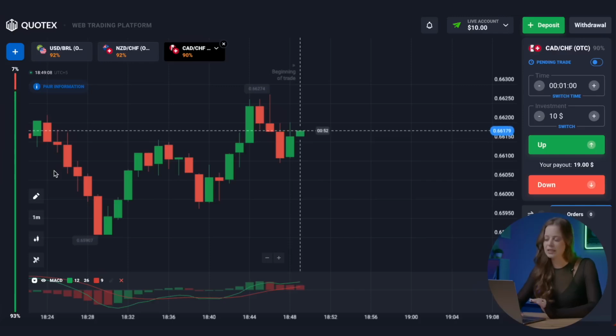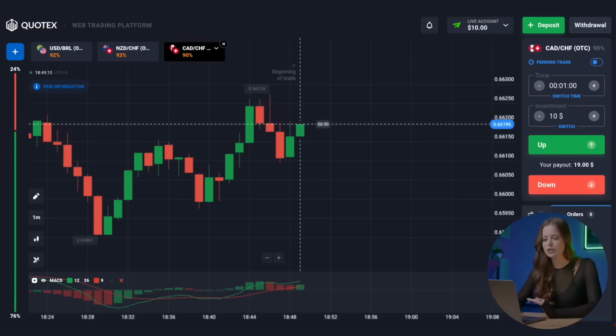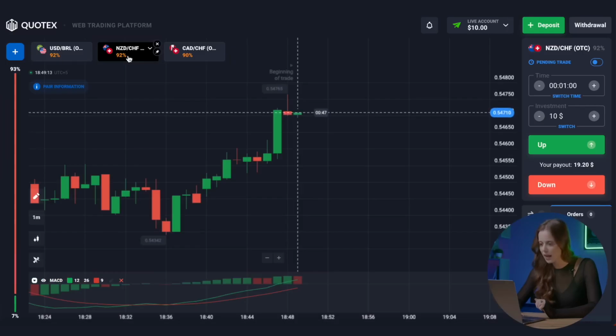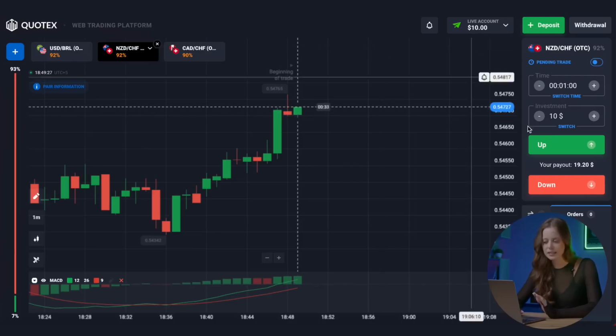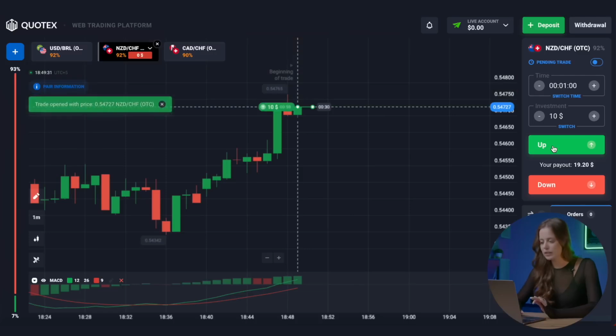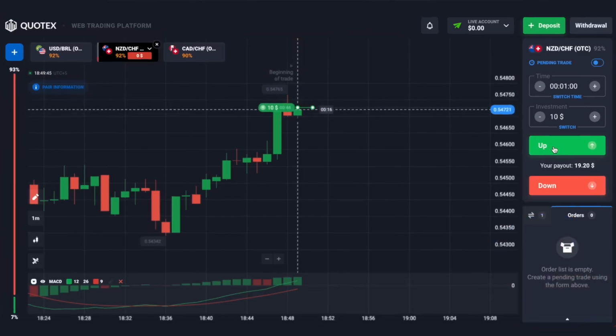This is an initial amount and it will suit absolutely everyone, especially beginners. As you can notice, the trend now is upward and the correction is obviously expected. We also pay attention to the MACD indicator. Therefore, we put $10 on a call option.